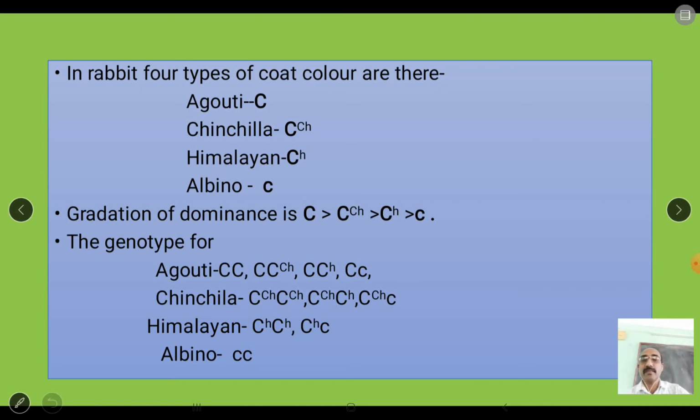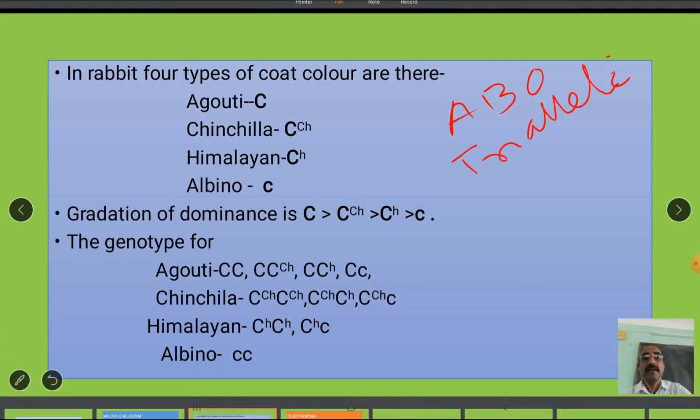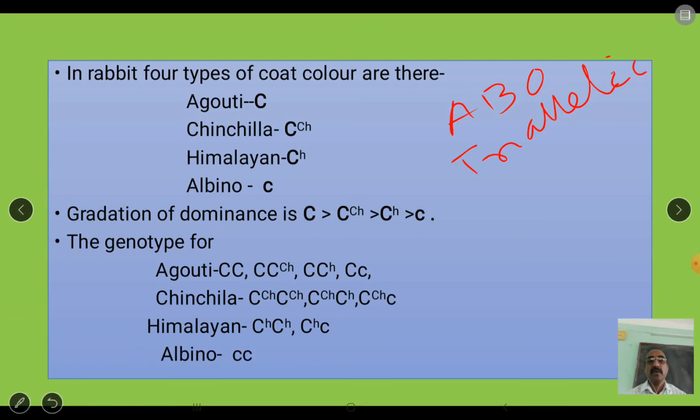Another example is found in the blood group in humans. It is also an example of multiple allelism. You know, there is the ABO blood group system in humans. It is a triallelic system, isn't it?